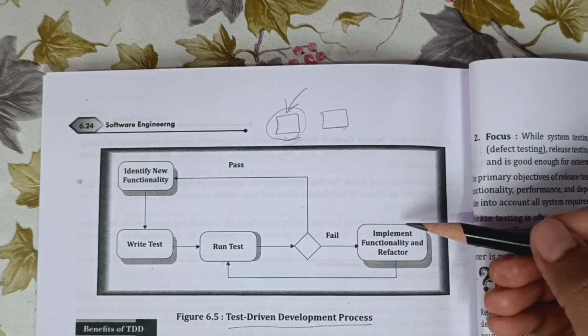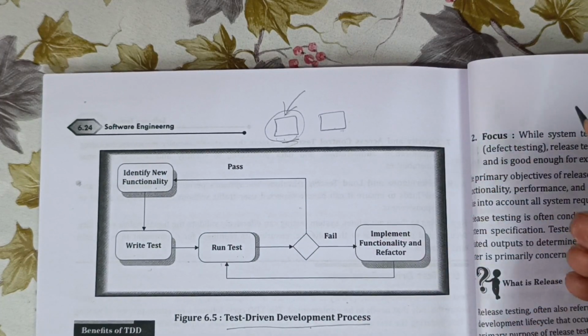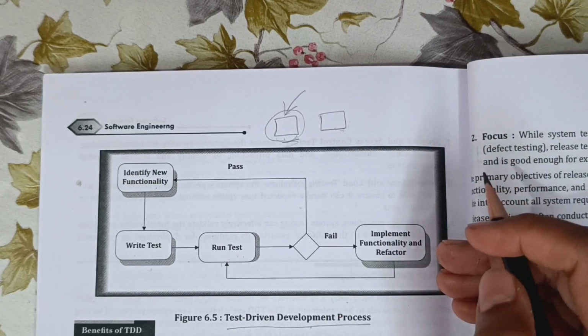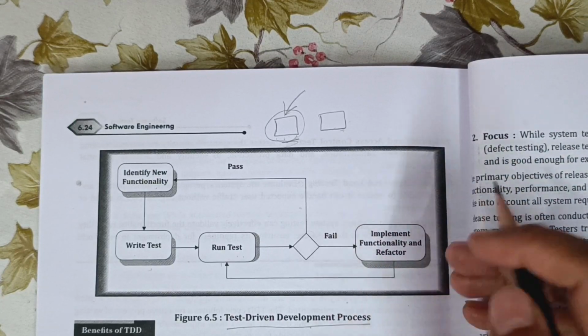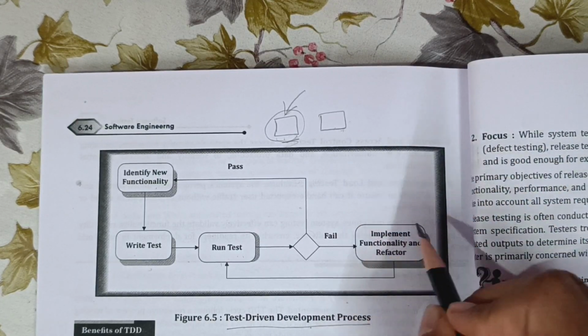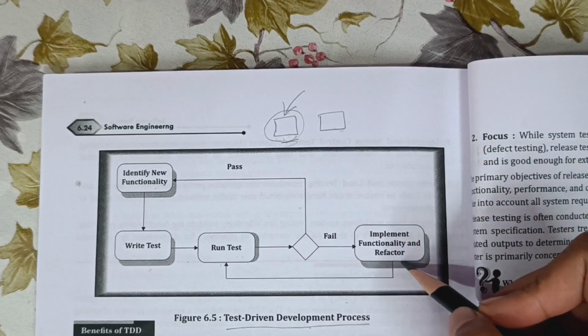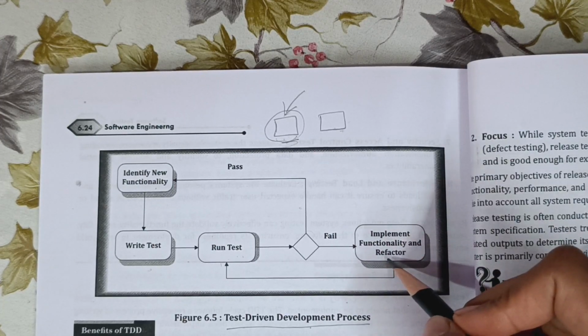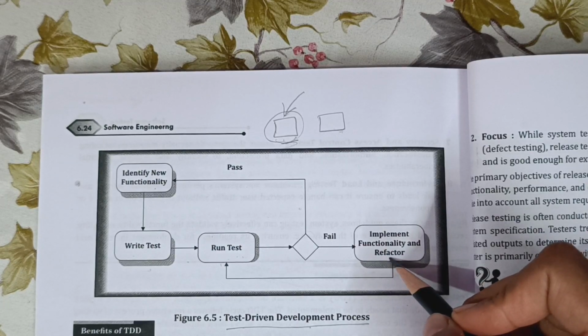What do we mean by implement functionality? It can be any module or any single piece of code. We need to implement and we need to refactor. Refactor in the sense that we will be retesting it.